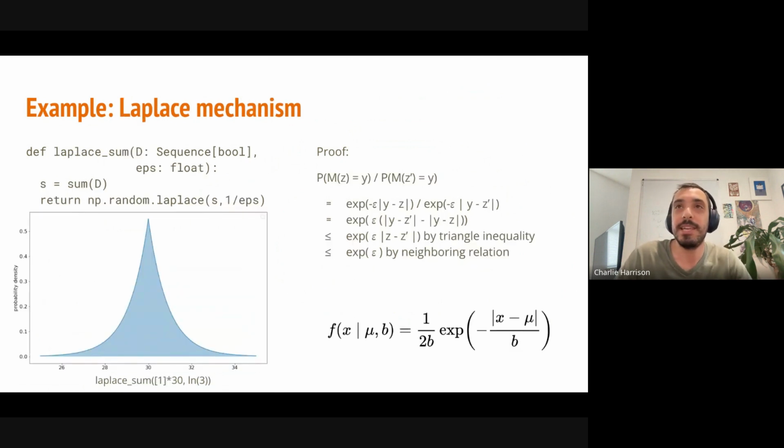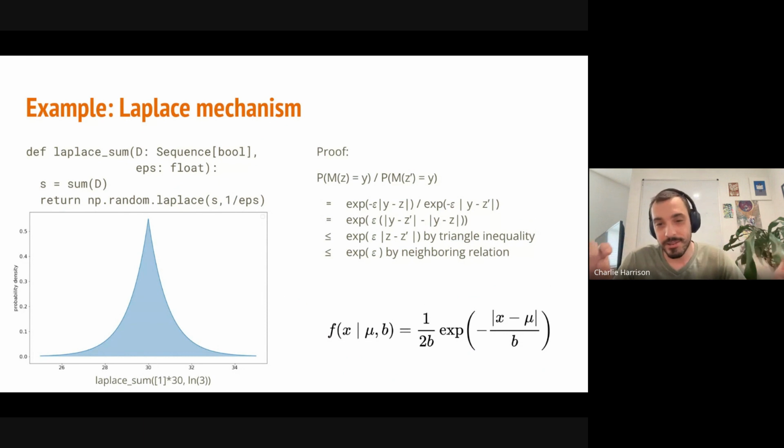Another privacy mechanism that's very common in the literature is the Laplace mechanism. The Laplace mechanism basically just invokes the Laplace distribution, which is this two-tailed exponential distribution, whose formula is right here on the lower right. This is not necessarily a local DP mechanism. So the data set here takes in a sequence of Booleans, so every user is submitting either a 0 or a 1.